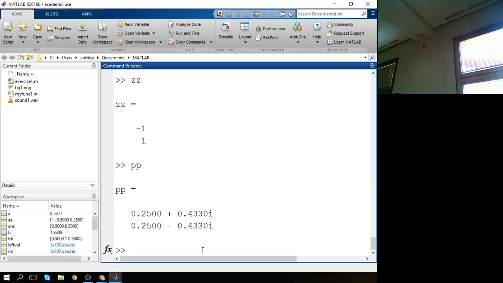Real part, imaginary part. I have a double zero here. That's how you mark a double zero. Then there are the poles on the positive side at 0.25 and then about 0.433. So I have one pole here, another pole here. Okay, it wasn't that bad.